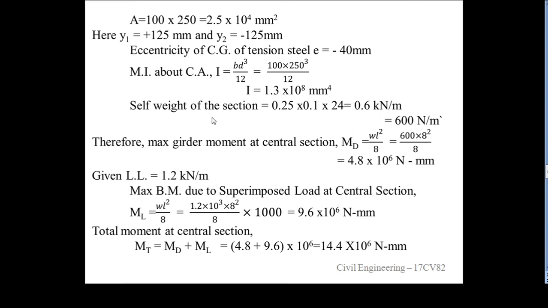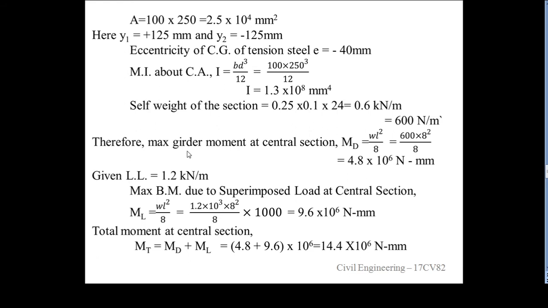Then self weight of the section is equal to 0.25 into 0.1 into 24, converted into meter, that is 0.6 kilonewton per meter. Converting 0.6 kilonewton per meter to Newton means 600 Newton per meter.